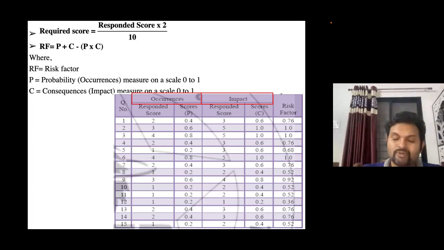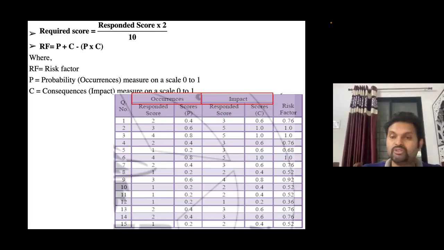If I consider the responded score is 2. In our project it was a 1 because the land belongs to them only. So for example, right now I'm taking the responded score as 2. What does the formula say? Responded score multiplied by 2 divided by 10. So 2 multiplied by 2 becomes 4, divided by 10 means 0.4. So that will become my occurrence score.